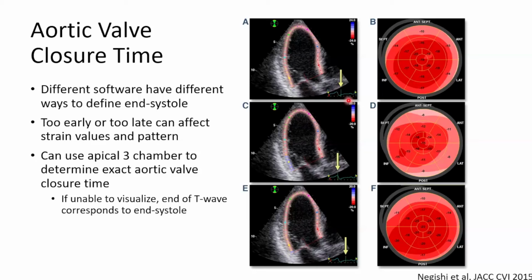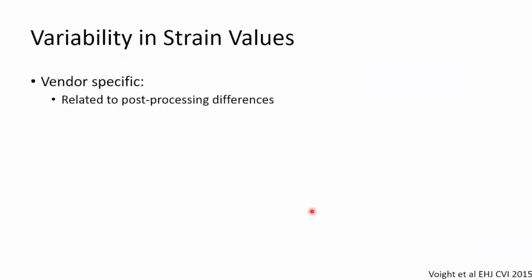But if you can't do that, you can define it at the end of the T wave. But if you define it too early, such as in C and D, you will get a very different regional strain pattern as well as a lower GLS. And if you define it too late, again, you'll get a very different pattern with very different values as well.